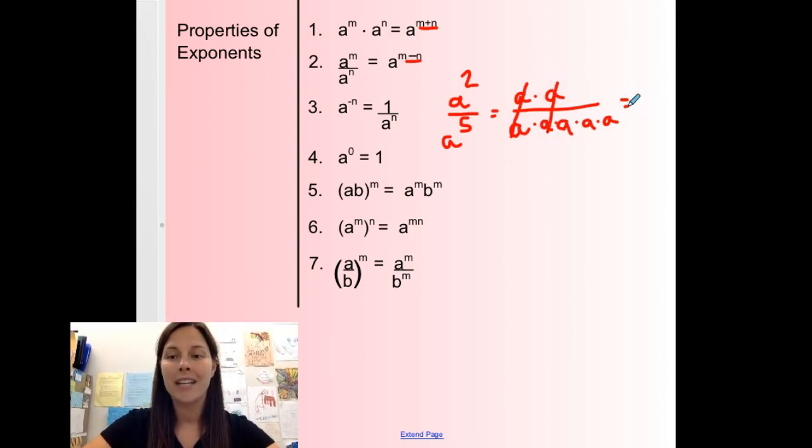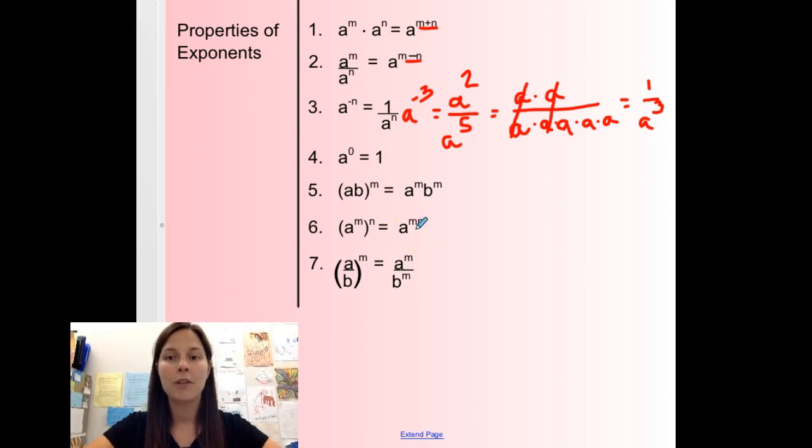A divided by a is 1, so we have a 1 in the numerator, and a times a times a is a cubed. The other way to look at this is using that division rule where you subtract the exponents. 2 minus 5 is negative 3. So the reason that you flip the exponent is because those variables are left in the denominator after you cancel.